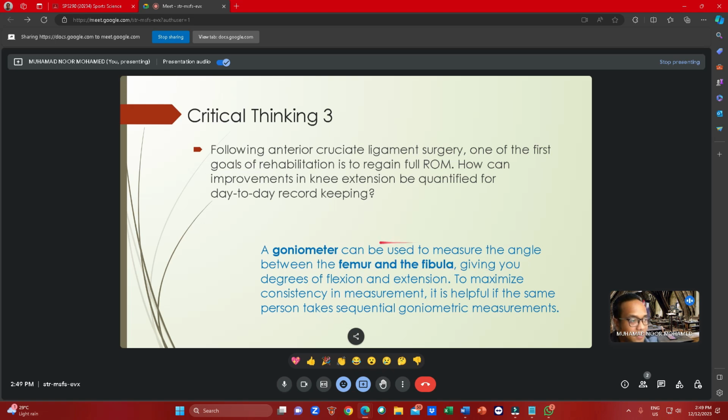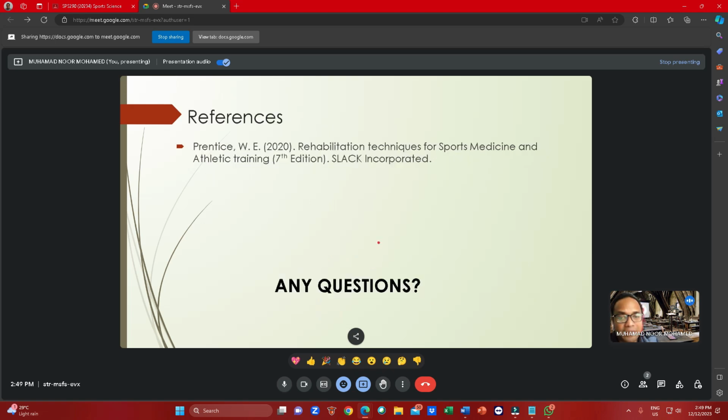That will be the end of today's topic. Basically, this topic talks about why we need to do exercise, why we need to focus on flexibility of our body, and what kind of exercise we can do in order to enhance flexibility. Again, flexibility exercise may start from the initial stages up until return to sport.